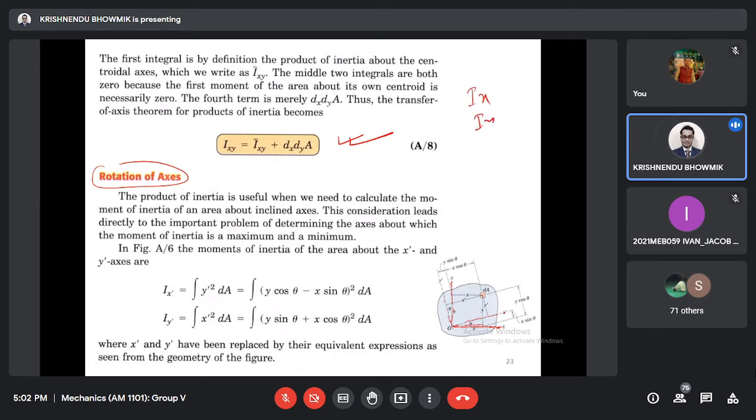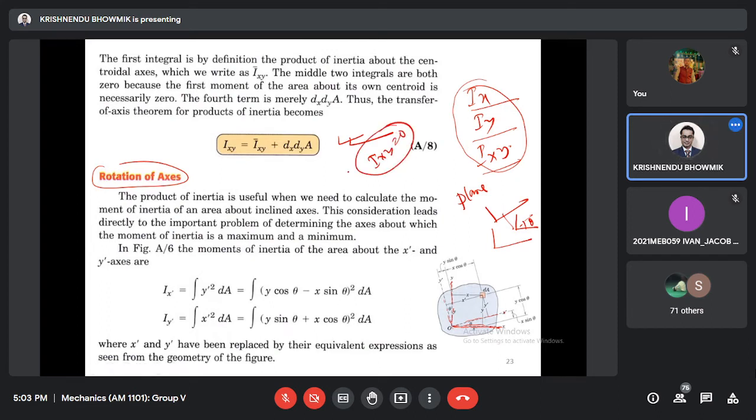Ix, Iy, and Ixy. Now what we want to do, instead of all these three, is look for some plane, maybe with some rotation, where Ixy is 0 for that particular case, and we have only Ix, that is I max or I minimum.